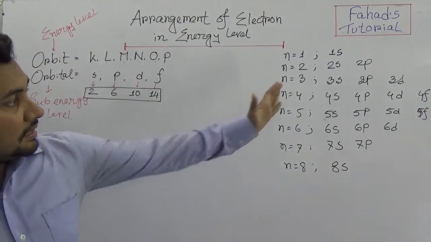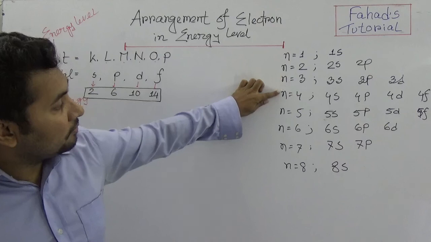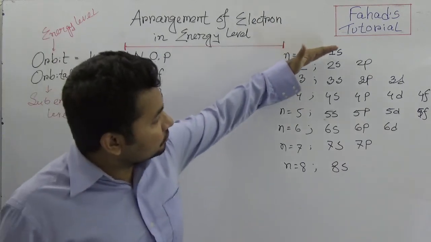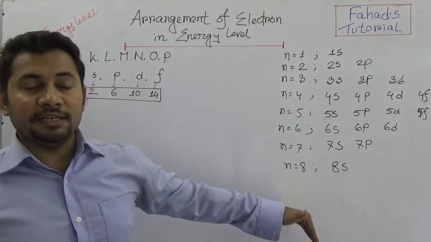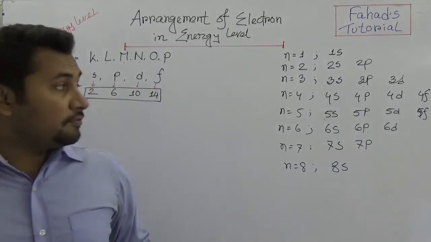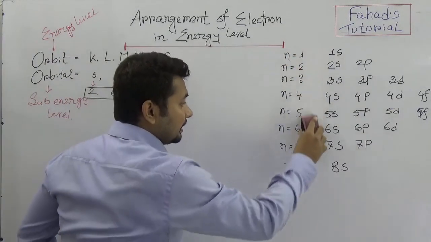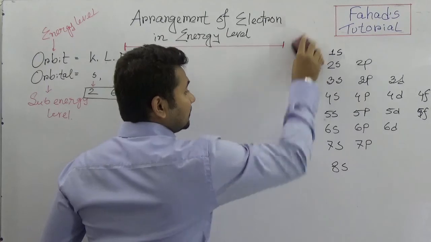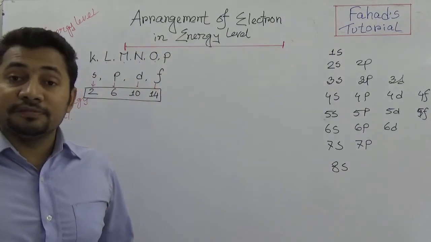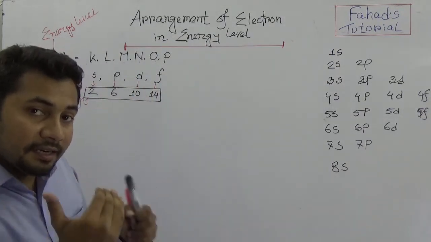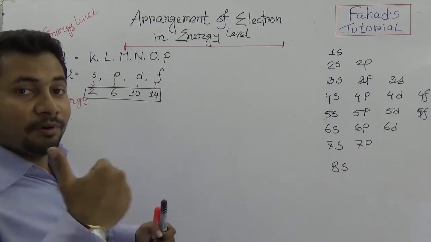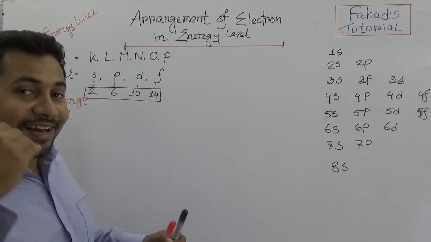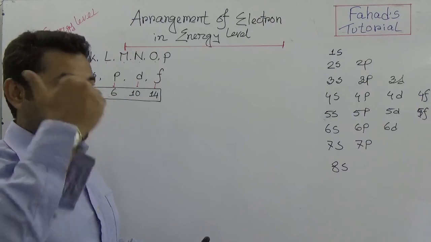So we can see that according to the number of the shell, it gradually increases and then gradually decreases. If I remove these, we can have a clear view of the orbitals, and then we will draw some oblique lines showing how energy levels are distributed here.